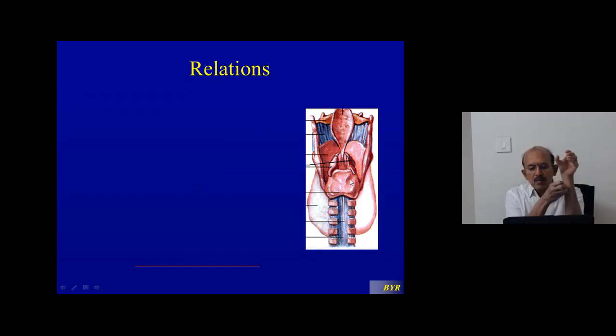So this is thyroid cartilage behind, and this is the ring of cricoid cartilage situated below. This is the epiglottis you are seeing here. This is the trachea. Tracheal rings are not complete; they are present only laterally and anteriorly, and posteriorly you see tracheal muscle only. And here is the thyroid gland.